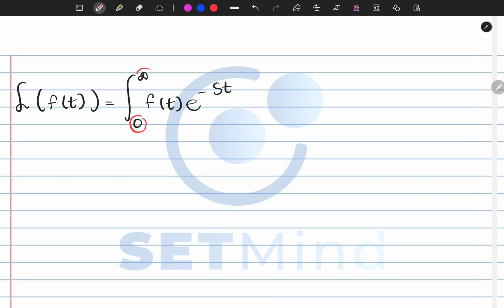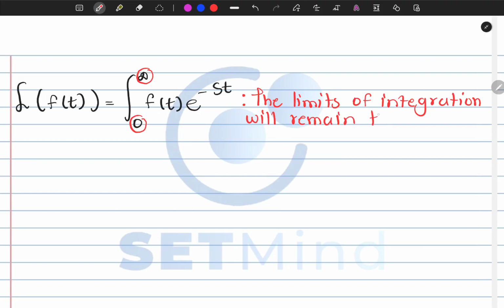So the limits of integration will remain the same unless the domain of the function which we are taking the Laplace transform of is different.